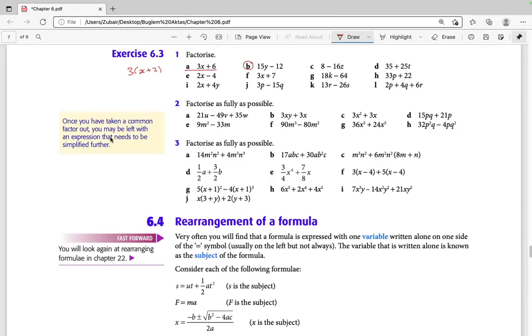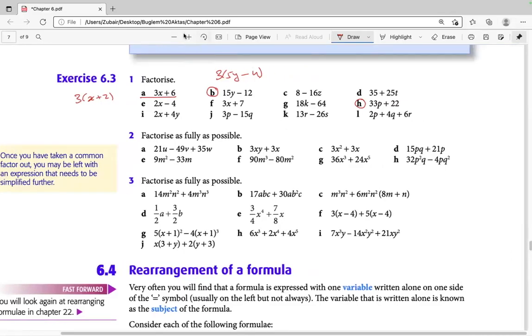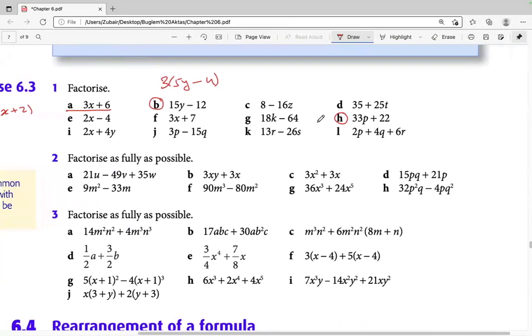What will you do for this b part? 3, in brackets 5y minus 4. Correct. Try h part. 11 in brackets 3p plus 2. Correct. 11 and we have 3b plus 2.